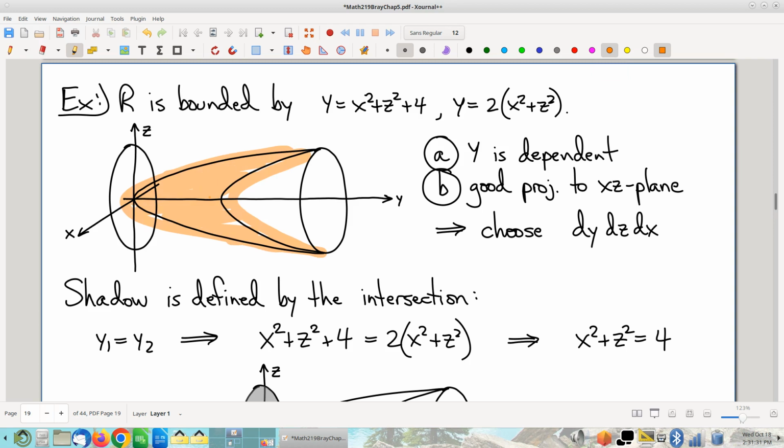But it has a very simple projection to the XZ plane. The lower bound for Y is always on that paraboloid, and the upper bound for Y is always on that paraboloid. So it actually is a pretty easy one to slice up if you take this point of view on projections. Take a look at those details.